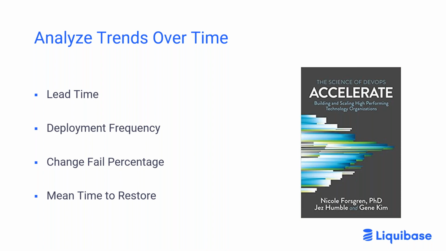And the good news here is that you don't have to reinvent the wheel. The folks from DORA, Dr. Forsgren and friends, wrote a book a couple of years ago called Accelerate. It explains exactly how and why you should do it and precisely what you should measure as the trend lines over time, which is your lead time, deployment frequency, change failure percentage, and mean time to restore service that fails.